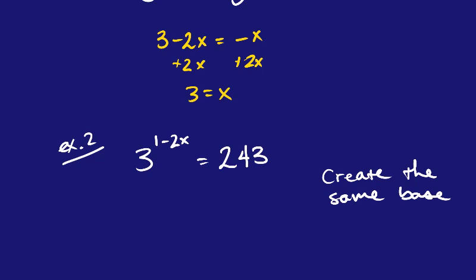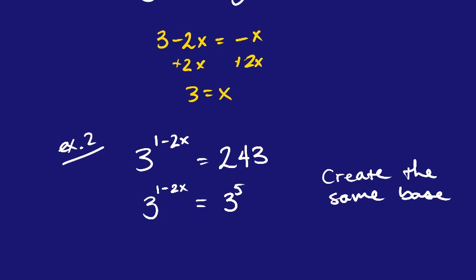Now, I'm not going to do anything to both sides. I'm literally just going to rewrite 243 in a different way. So 243 is the same thing as 3 to the 5th power. If you use a calculator, hit pause right now and you can see that 243 is 3 to the 5th. So then I have 3 to the 1 minus 2x equals 3 to the 5th.